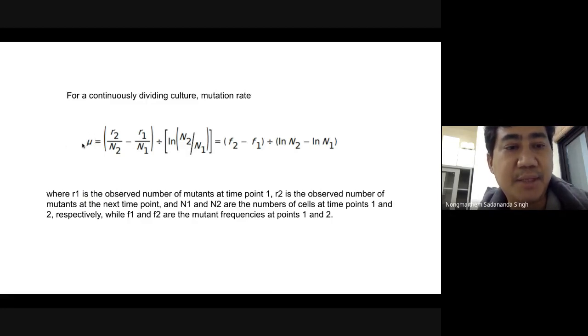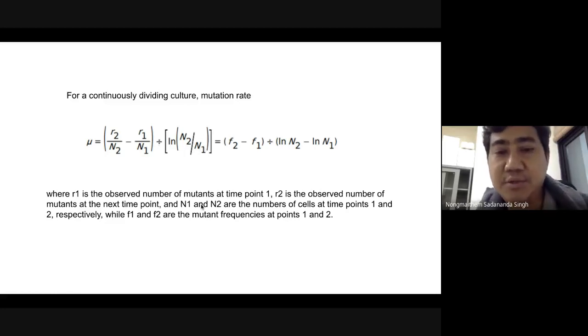Then mu can be calculated from the number of mutations you have observed in the second generation minus the nth generation, then the mutation frequency divided by this formula.